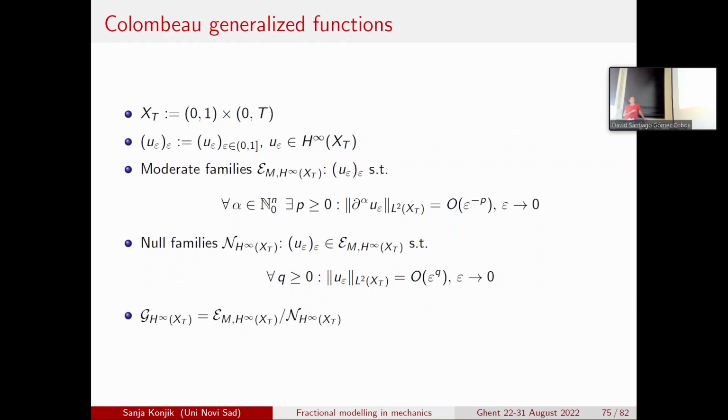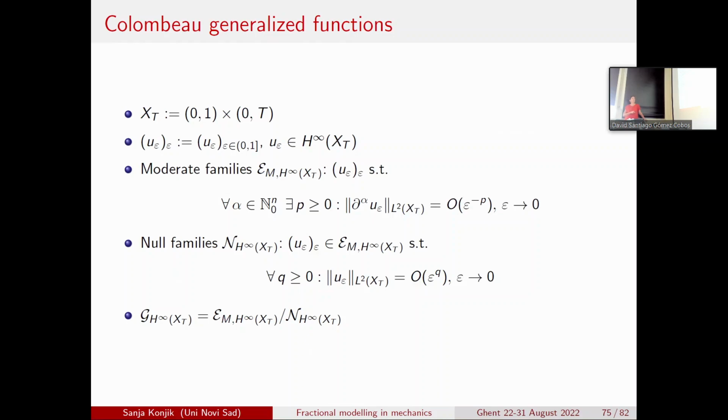Here we suppose that the elements u_epsilon of those nets are in H infinity, and then moderateness means that each derivative you can bound by some inverse power of epsilon, and for negligibility, a net is a null element if the growth of your functions is bounded by any power of epsilon.